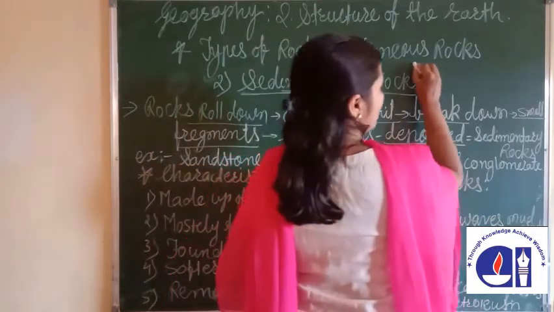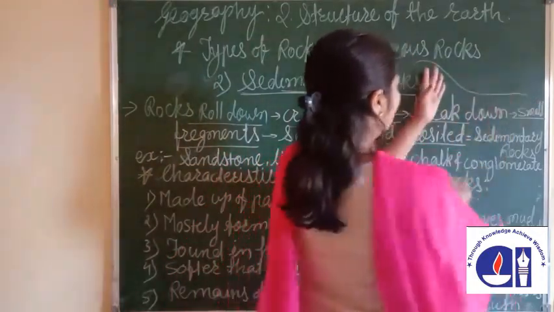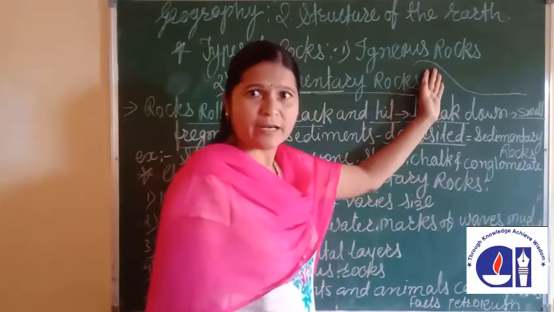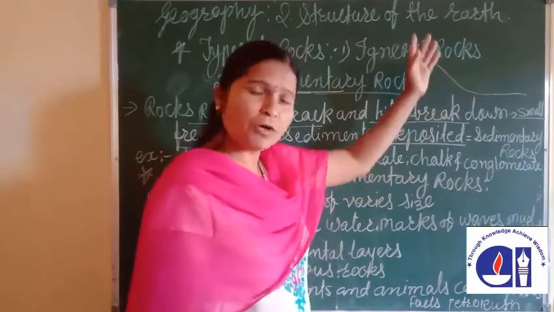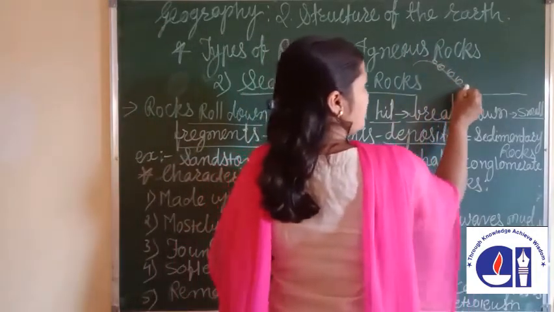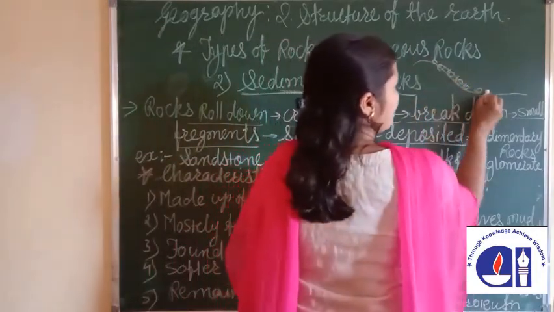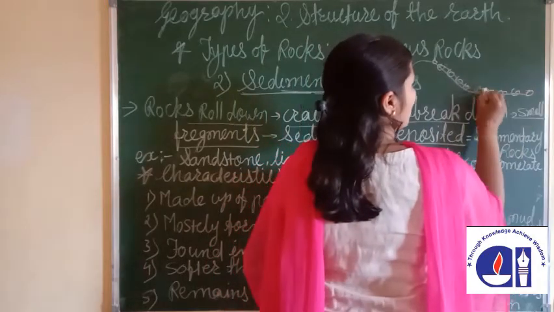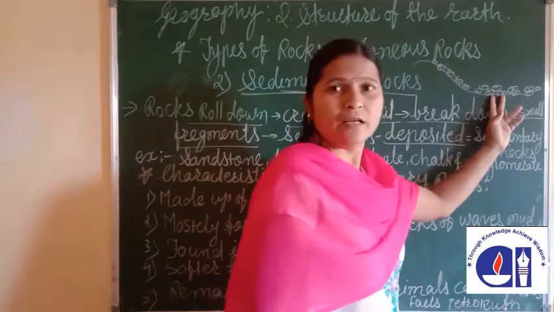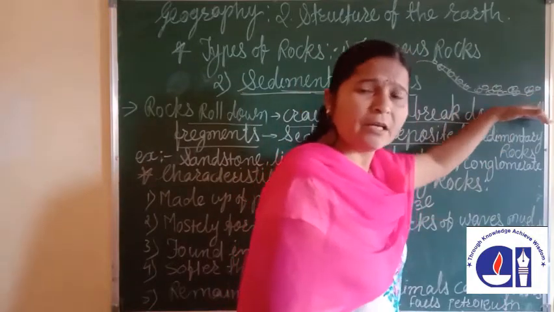Suppose here are mountains or high plateaus, and with the wind, with the water, these small fragments are carried away and deposited in a lowland area, layer after layer, like this.